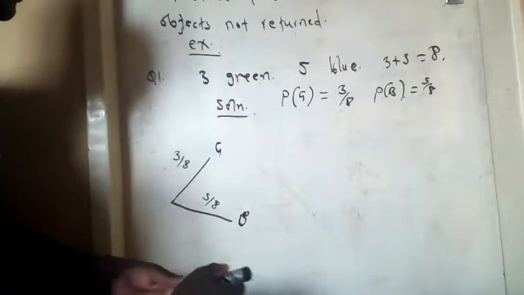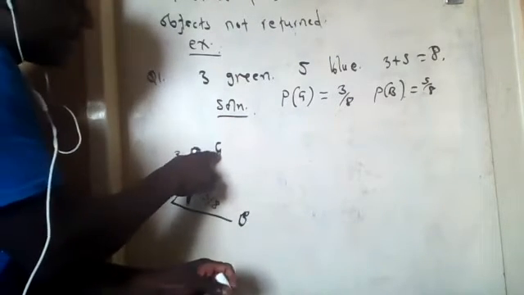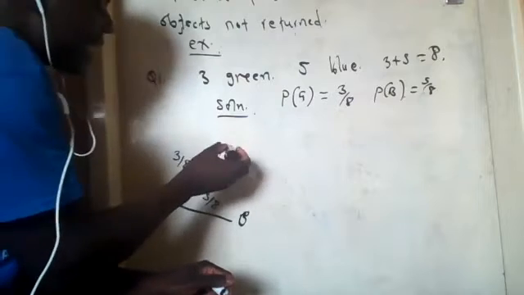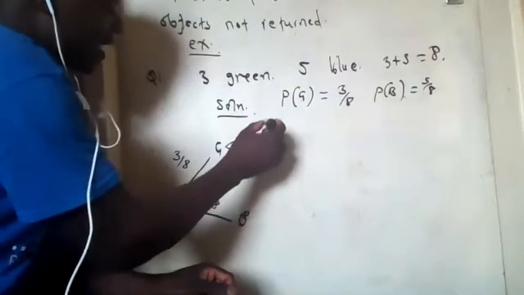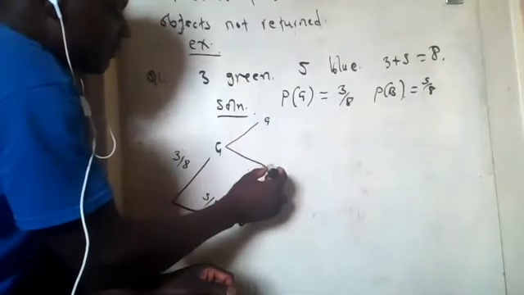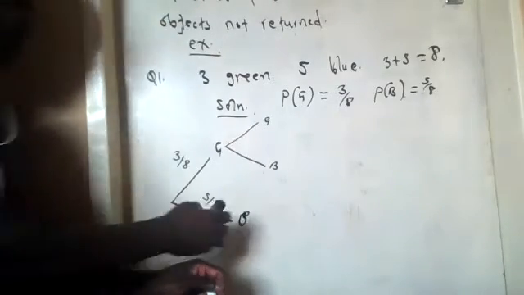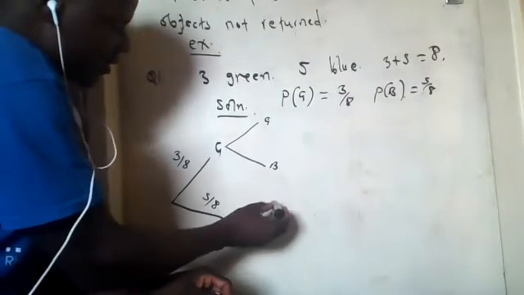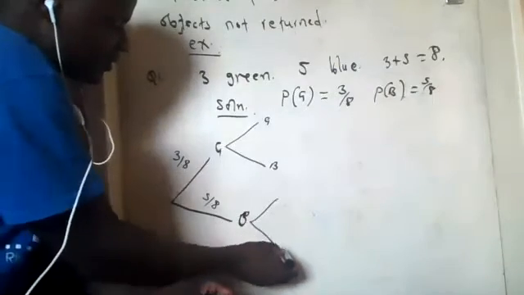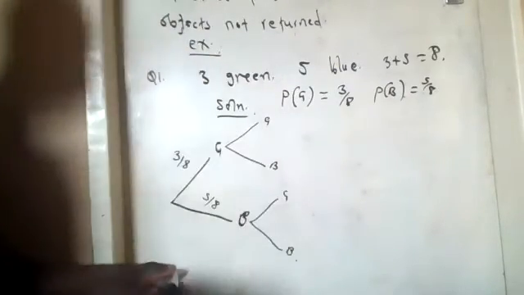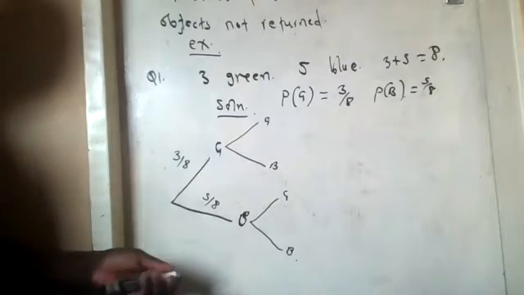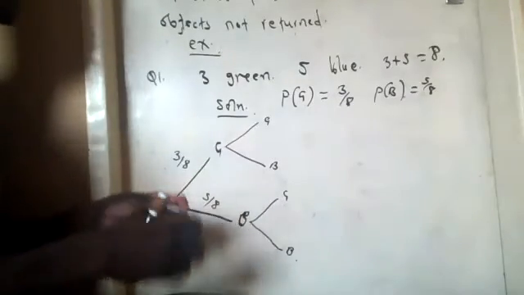So because they were not replaced, from the green, this is what to do. From the green, again, we are going to have 2 branches. This one for green, this one for blue. From the blue, again, we are going to have 2 branches, one for green and another one for blue. That's what to do. I'm going to repeat.